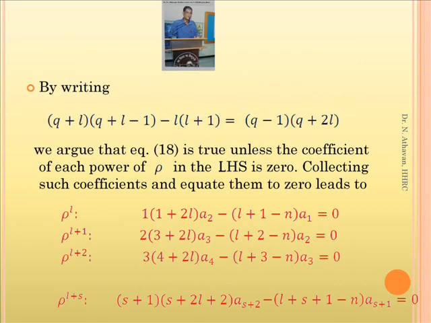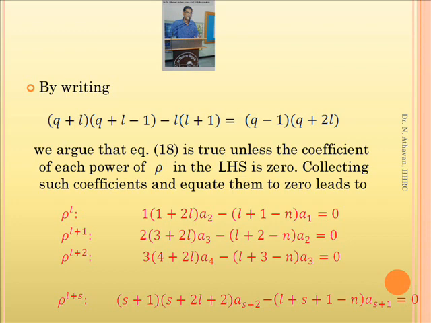So by writing the coefficient q plus l into q plus l minus 1 minus l into l plus 1 as q minus 1 into q plus 1, we are just simplifying the term within the brackets. Now we argue that equation 18 is correct only if the coefficient of each power of rho on the right hand side is 0.